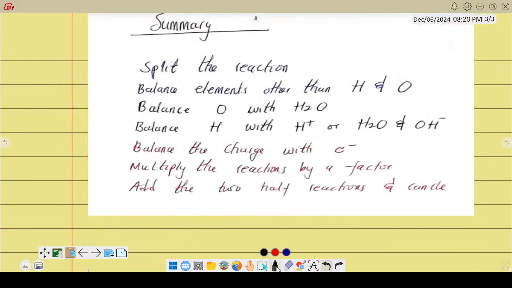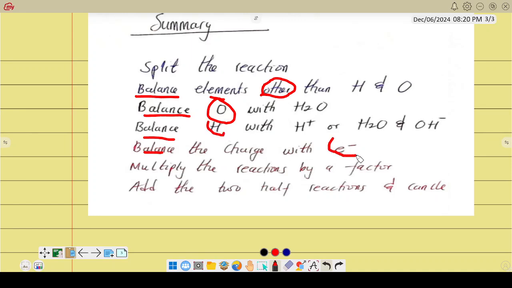So number 1, you just split. You identify your 2 half reactions, and then what will be next is just balancing. So remember, you balance first things except hydrogen and oxygen, and then you go to oxygen, and then after oxygen, hydrogen.